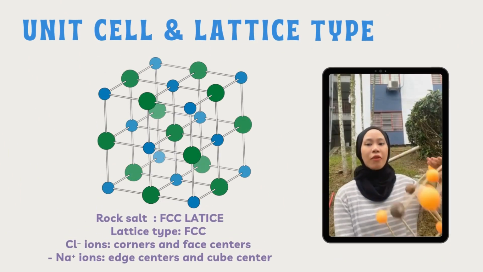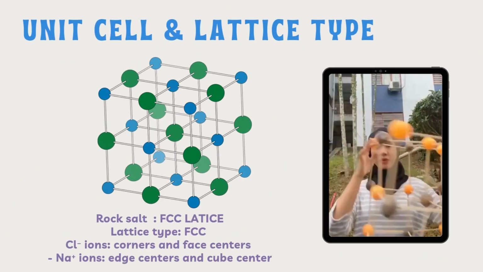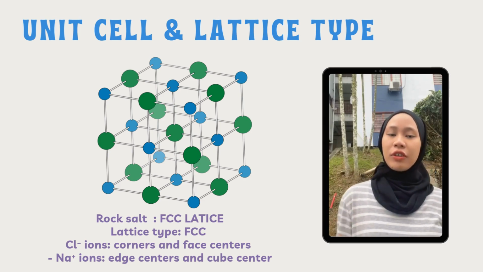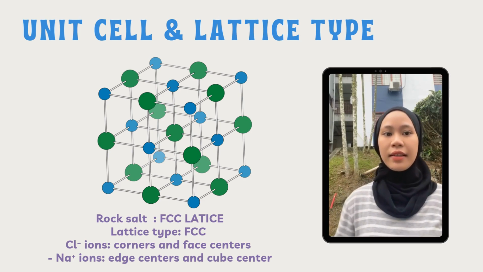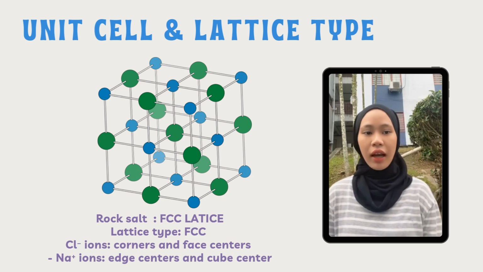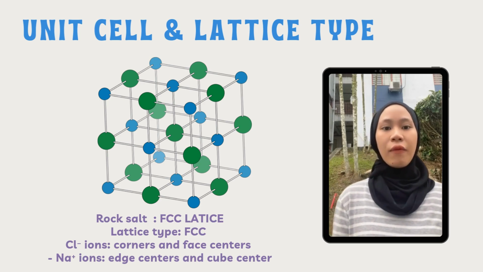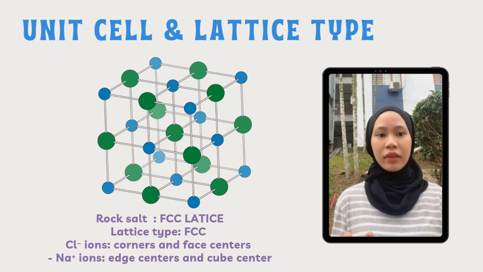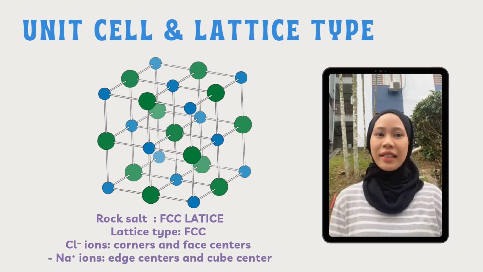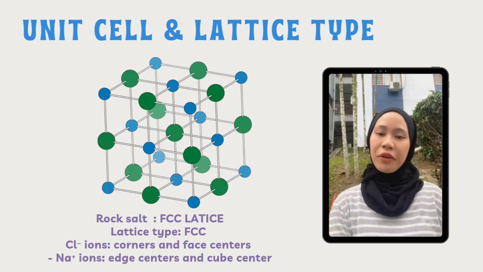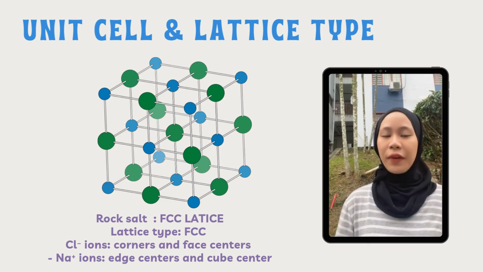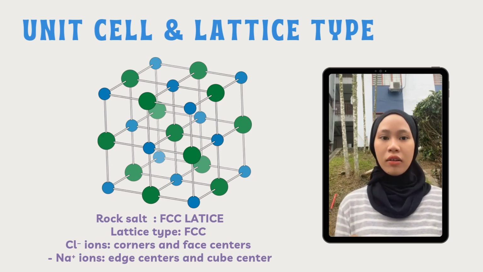So here are our model kits. Rock salt adopts a face-centered cubic, FCC, structure. In this arrangement, the chloride ions, Cl, form the framework by occupying the corners and the face centers of the cubes, and the other ion, the smaller sodium ion, fits into the octahedral holes within the lattice.